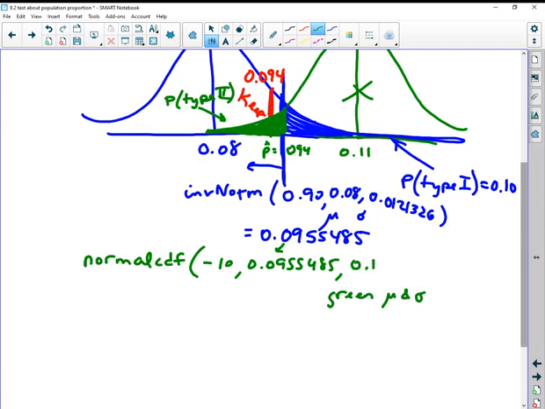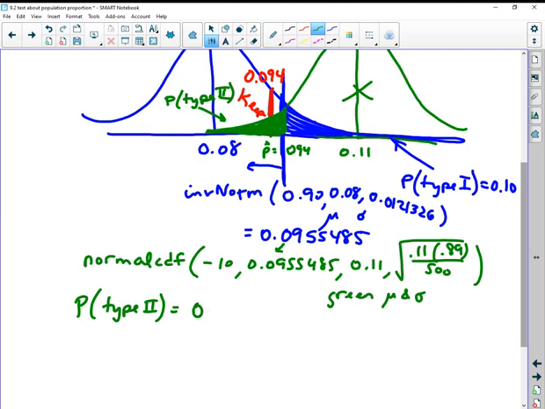So 0.11, and just because I don't feel like finding the number, I'll just put it in with the formula here. Maybe raise it to the 0.5 to take the square root. And I put that in there, and I find that this probability of that green error, which is my type 2 error, is 0.151.